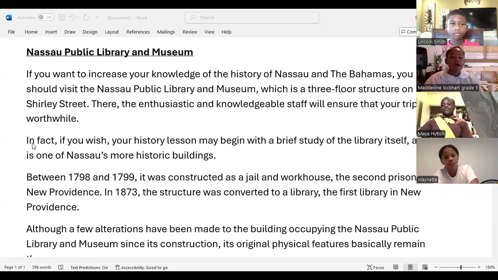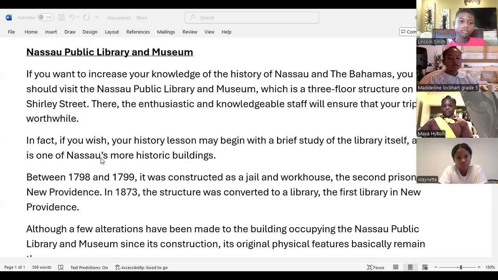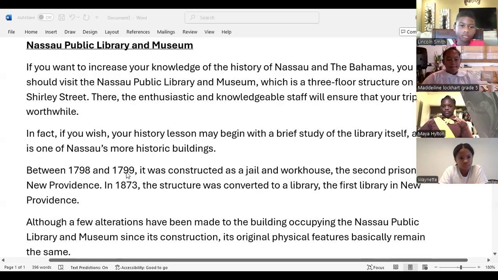In fact, if you wish, your history lesson may begin with a brief study of the library itself, as it is one of Nassau's more historic buildings.